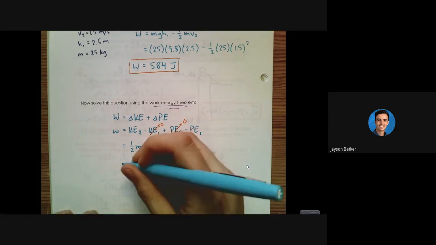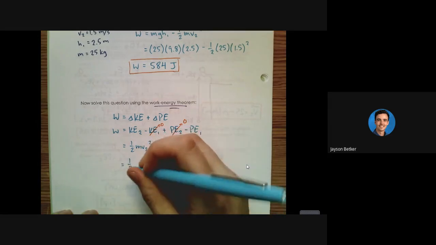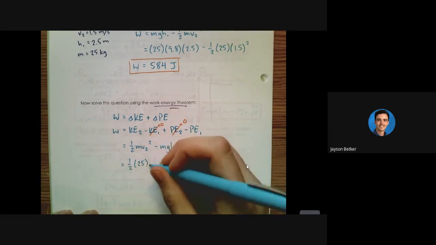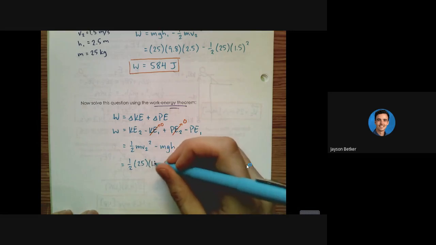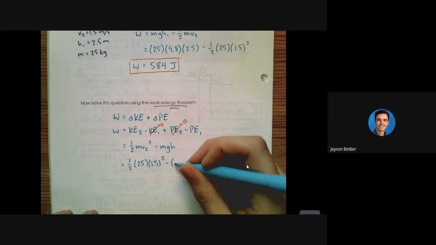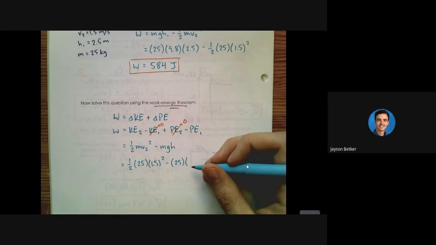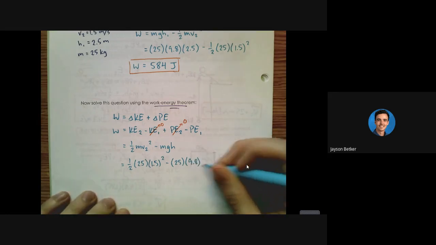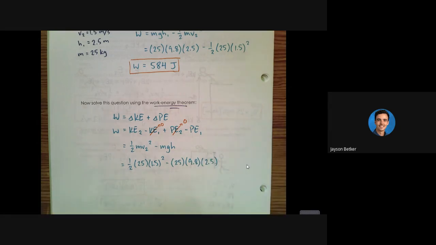And if I plug my values in, I should get 1/2 times 25 times 1.5 squared minus 25 times 9.8 times 2.5. And my work will be equal to, if I do all of this, I should get the same answer, although I remember my setup here, from the last time I taught this.